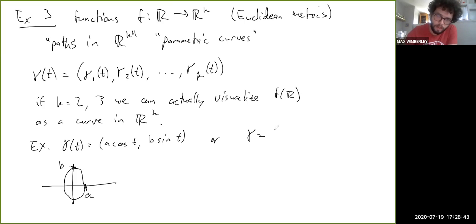Or gamma is t, t cosine of t, sine of t, something like that.